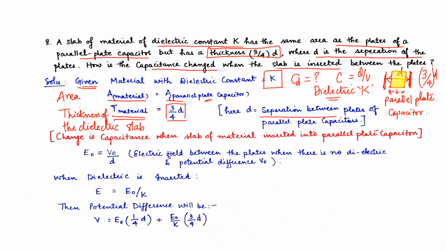Here d is the separation between the plates of the parallel plate capacitor. The change in capacitance when the slab is inserted between the plates is what we need to solve.